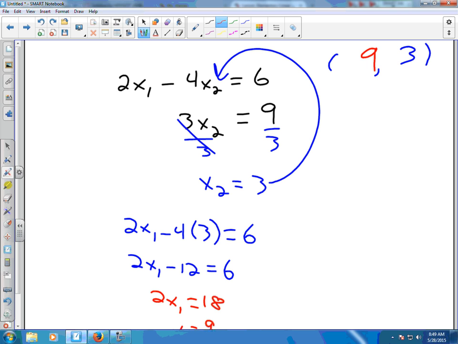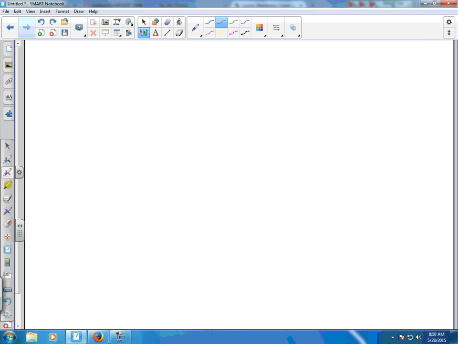Now let's take a system of equations that's not already in row echelon form. Let's put it in row echelon form so that hopefully we can get to a point where we can back substitute. So let's see.